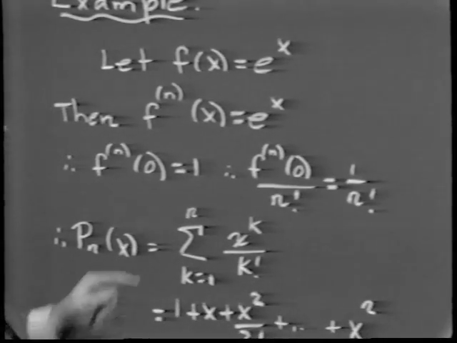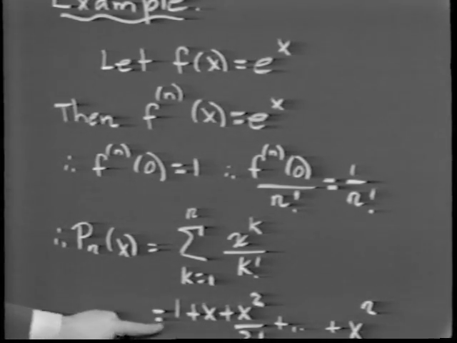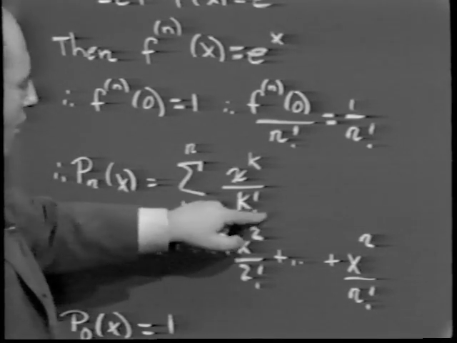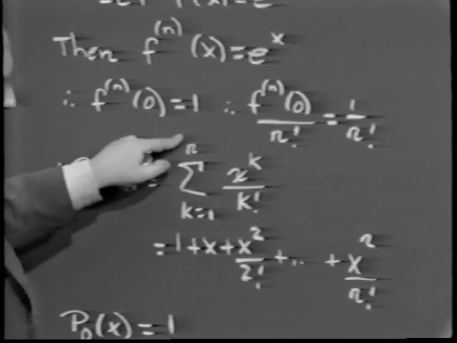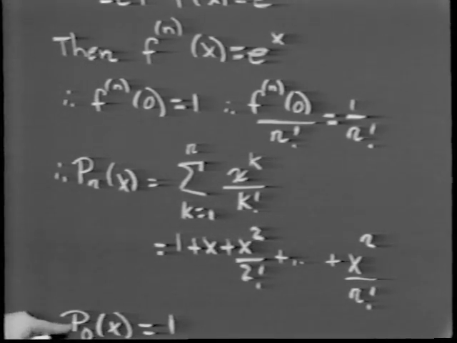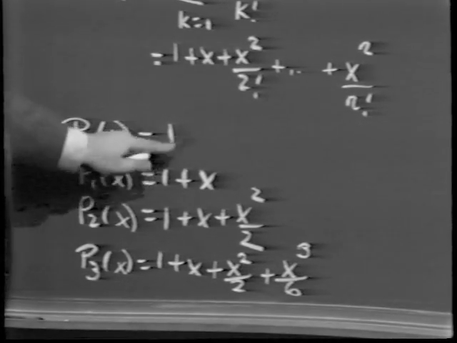In other words, the sequence of polynomials that approximates e to the x is given by what? Summation x to the k over k factorial as k goes from 1 to n. And what this means is what? The first approximation is the line y equals 1.